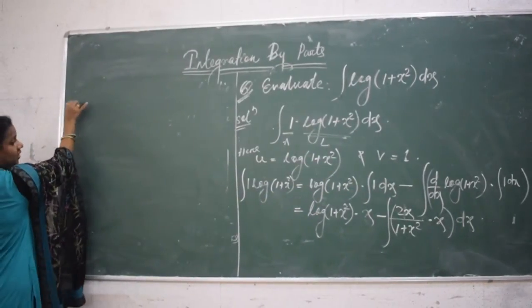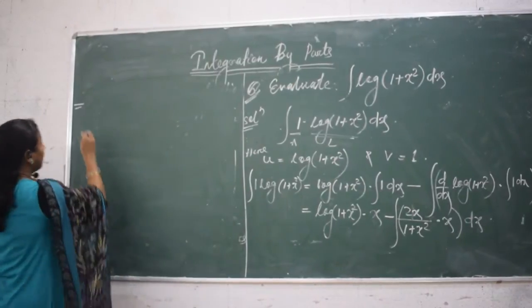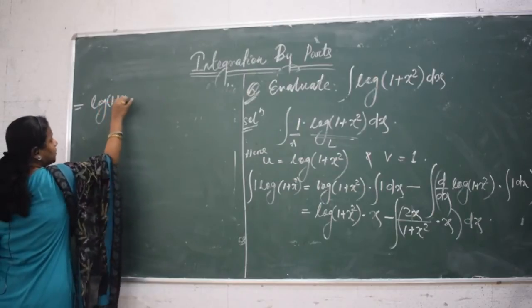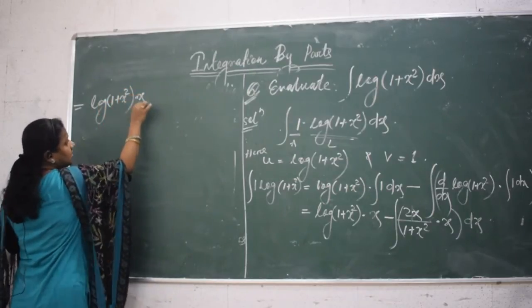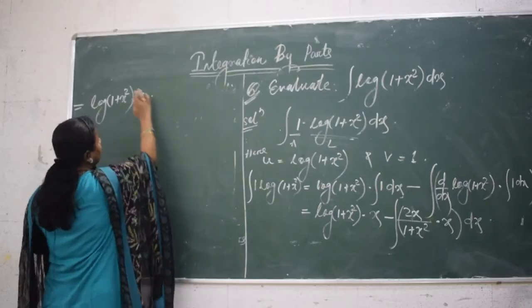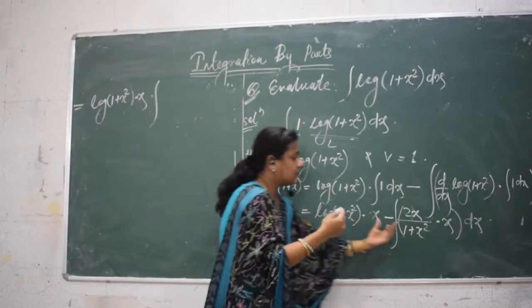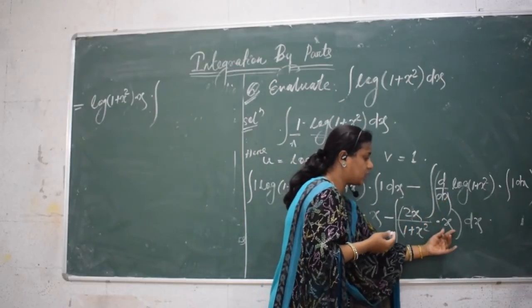Here what will you do now? Now you have to multiply, that is log of 1 plus x square into x, and into the integration. You have to multiply the derivative of the first function and the integration of the second function.